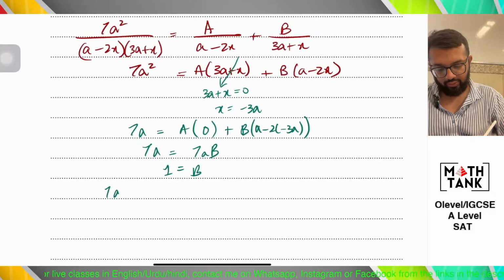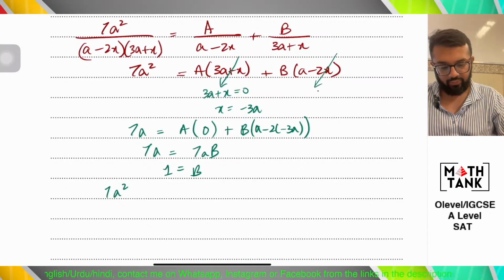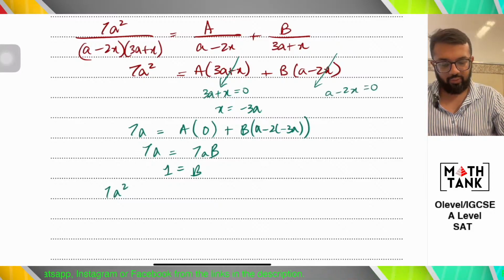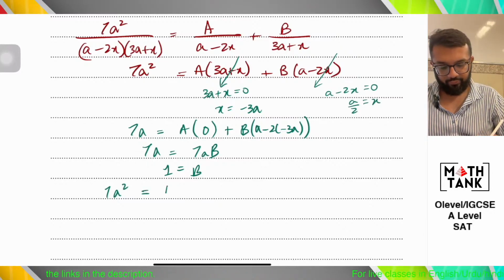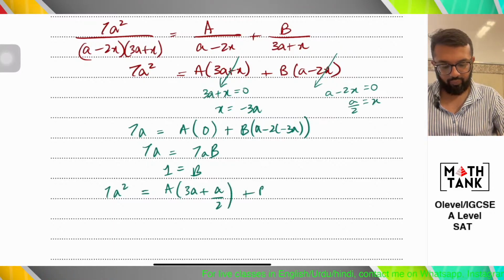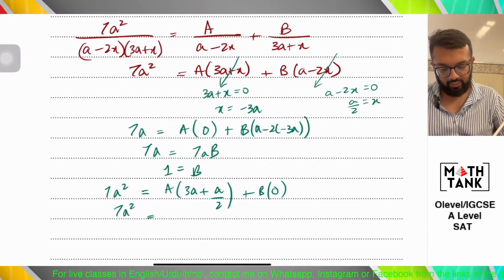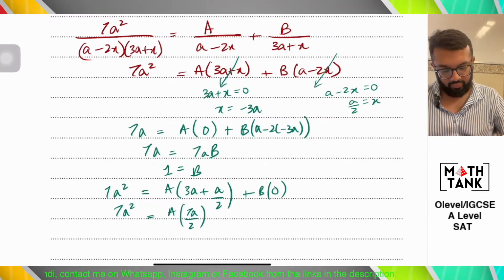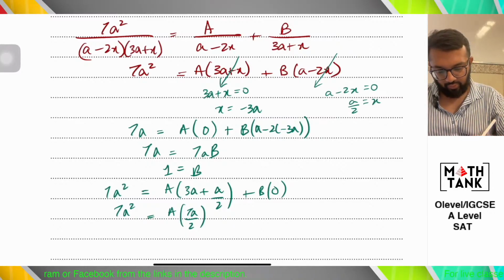And then I start off again. I take the other bracket equal to 0, so that a minus 2x equals 0, and a over 2 equals x. So that's 7a square and 7a over 2. Okay, there was an a square here.